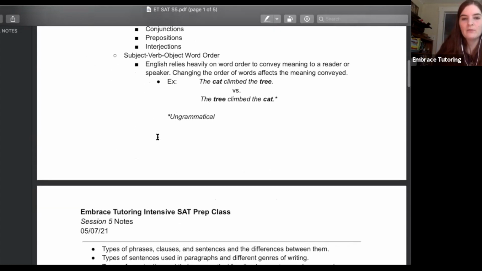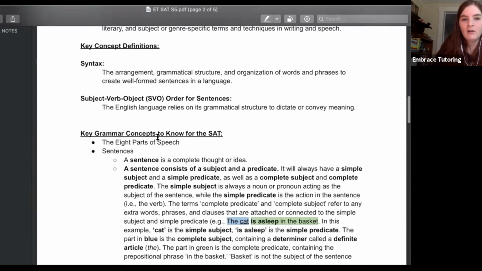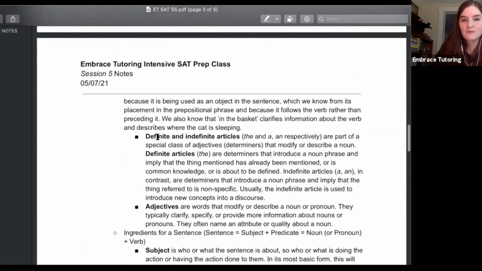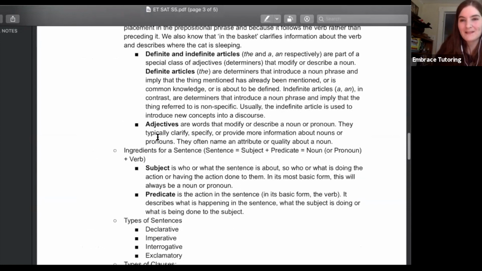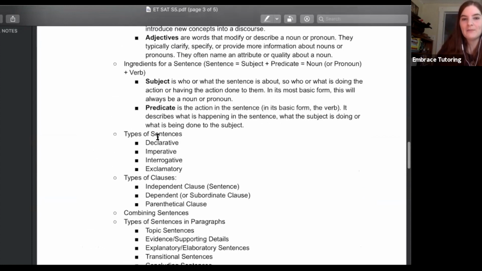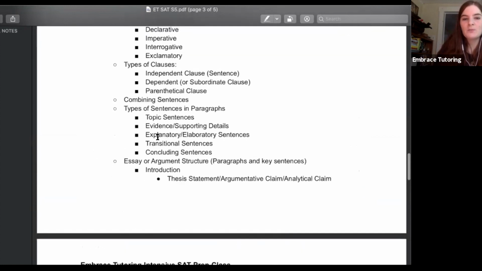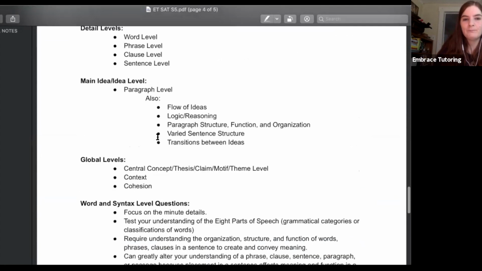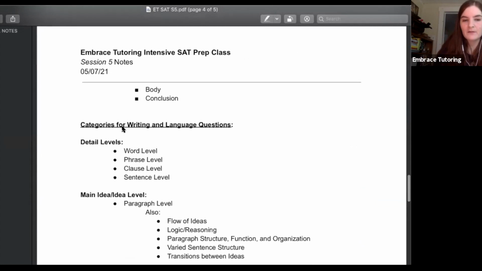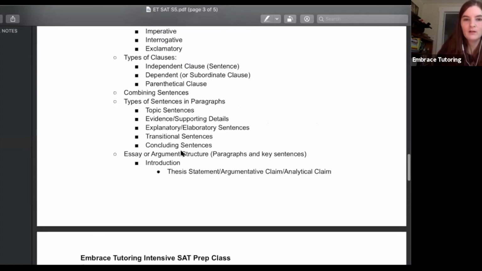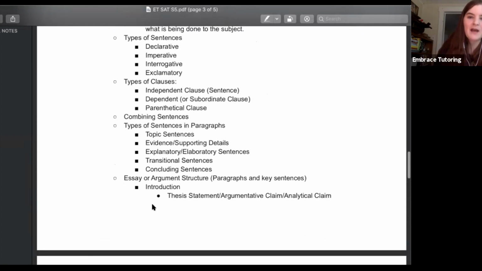So you want to think about that as you review some of these grammar skills going forward, and identify any specific grammar skills that you don't understand that you need to go over, and let me know what those are. I'll go into more depth with this next week in terms of the detail, the categories we have for the different types of sentences, the techniques of clauses, and dealing with the paragraph level and argument level.